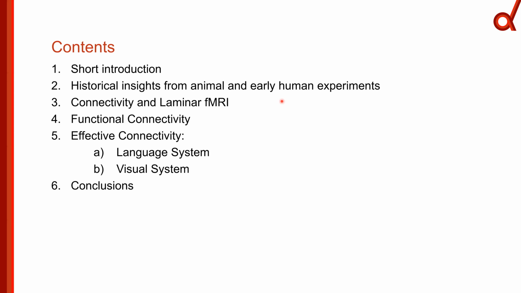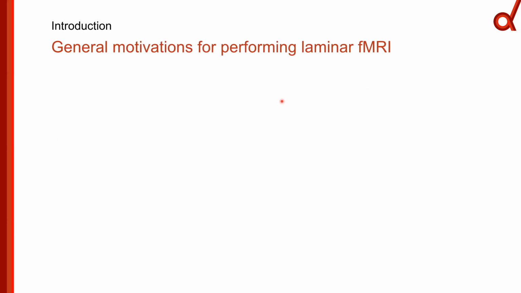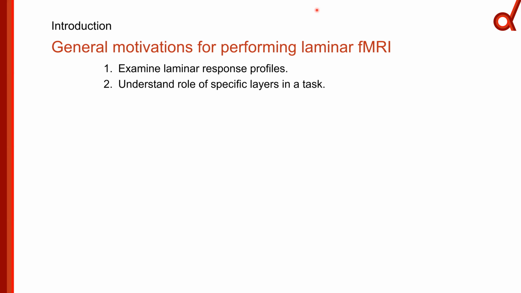And if you want to ask a question, there will be time for questions at the end, but if it's a burning question, I'm sure I can find a way of answering it. So why do we do this stuff at all? I think the simplest answer, and the one you most commonly encounter, is to look at laminar response profiles, which are interesting.